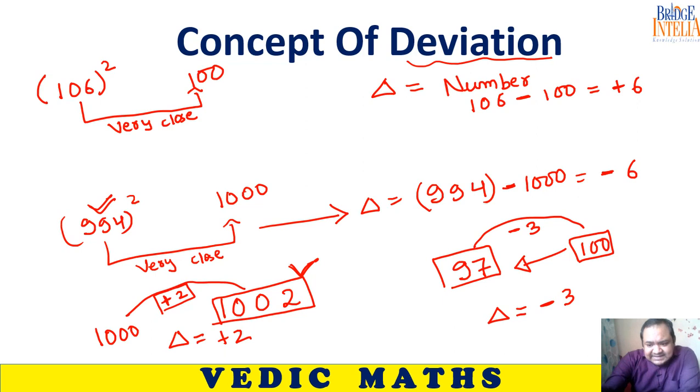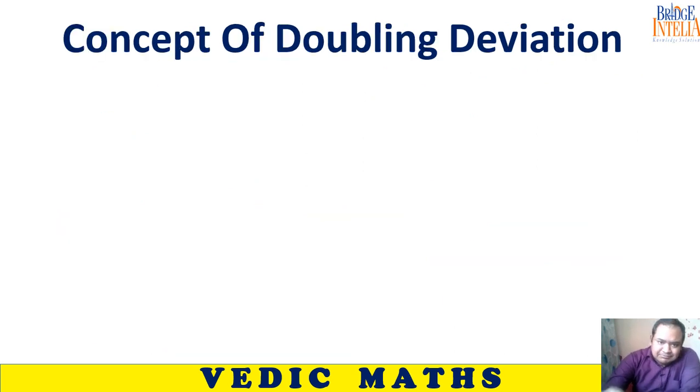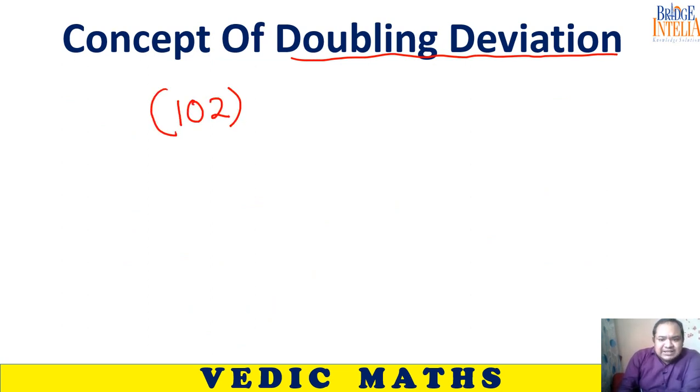Now, before I tell you the shortcut, understand the concept of doubling the deviation. If the number is 102, you must imagine that this is very close to 100 and this is more than base. So deviation is +2.